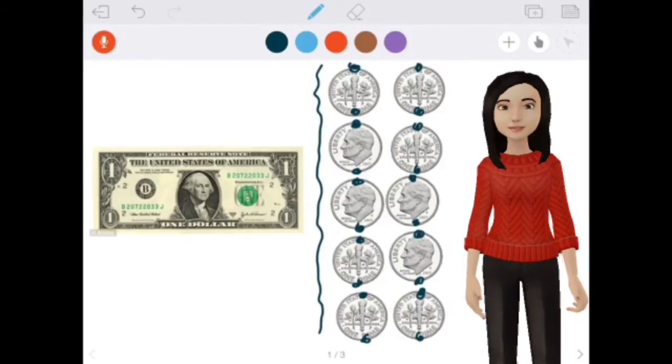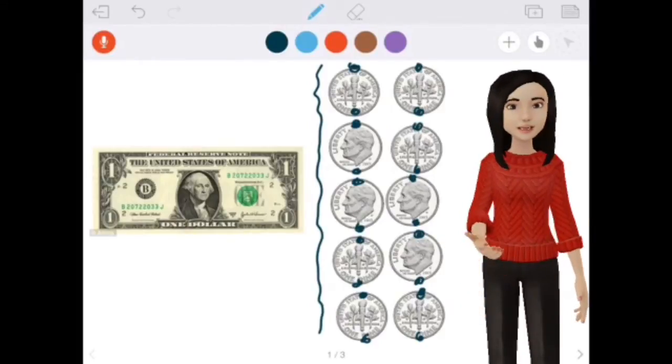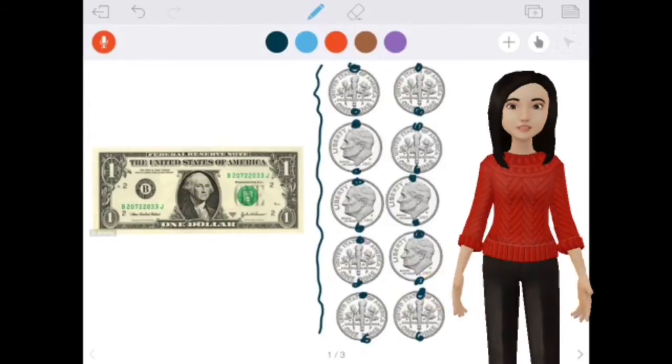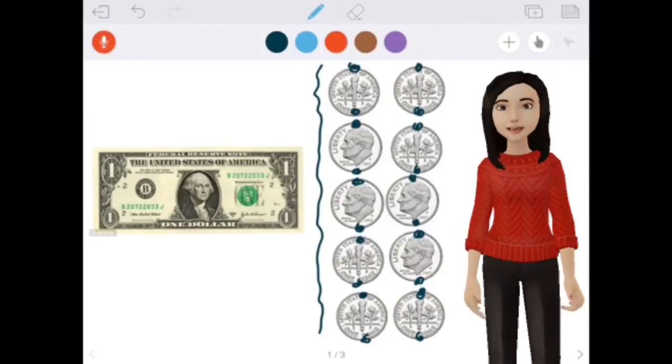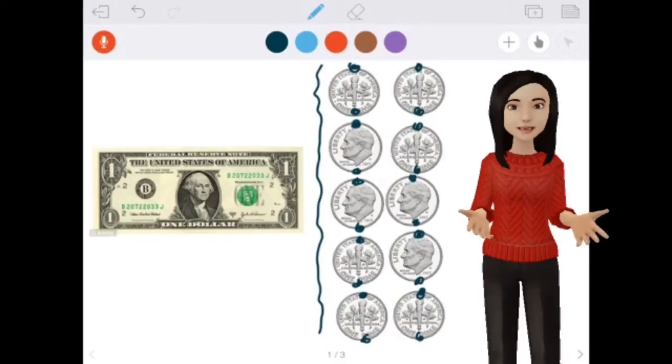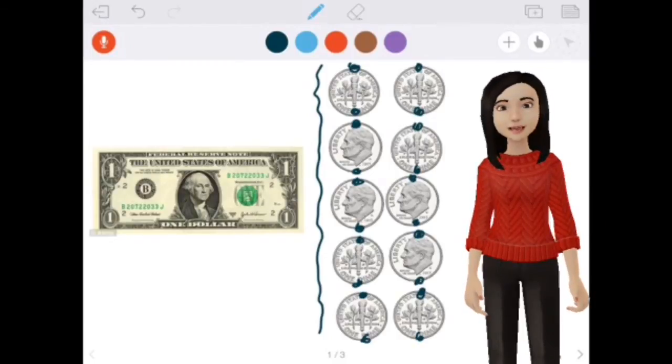Next is 60 cents, 70 cents, 80 cents, 90 cents, 100 cents. How many dimes do I have on the right side of the screen now? There are 10 dimes. This means that 10 dimes are the same amount as $1.